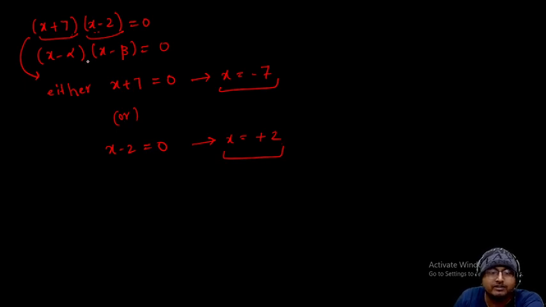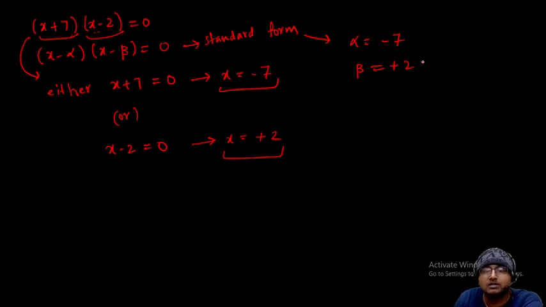Or by comparing with the standard form, this is in the standard form, so by comparing, what will you get? Alpha is equals to minus 7 and beta is equals to plus 2. That's all. So alpha equal to minus 7 and beta equal to plus 2 are the roots of the equation.